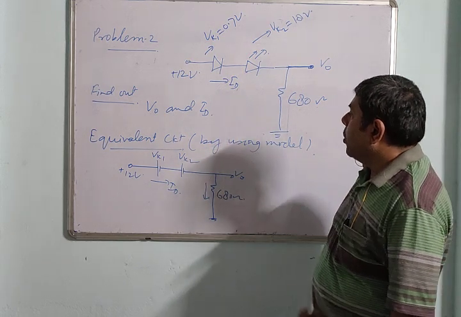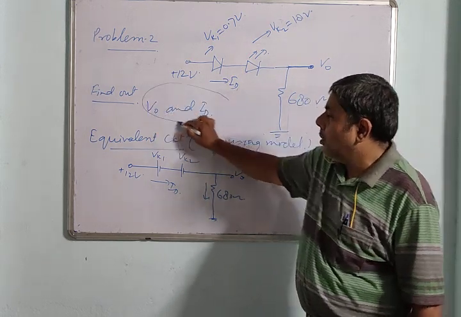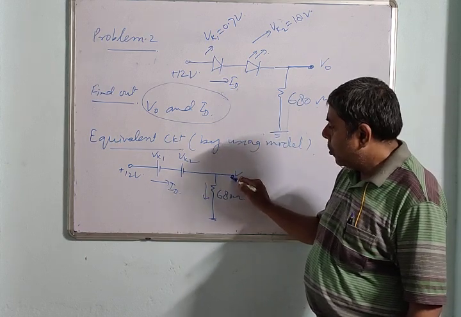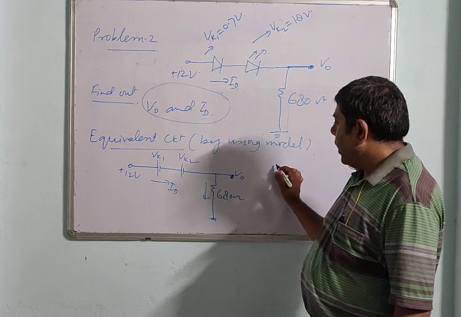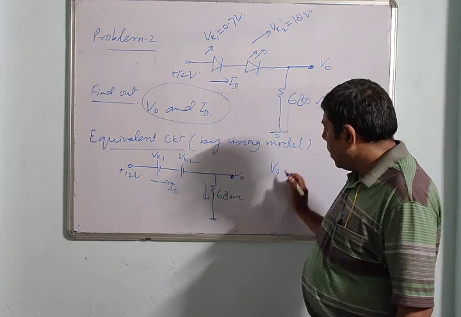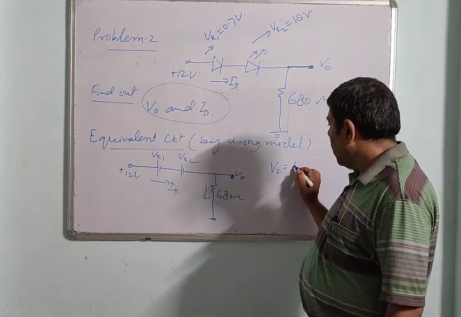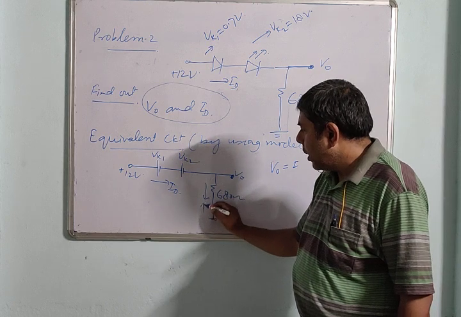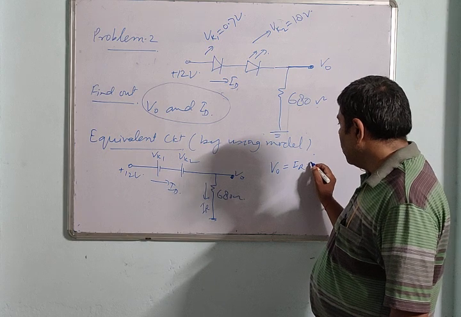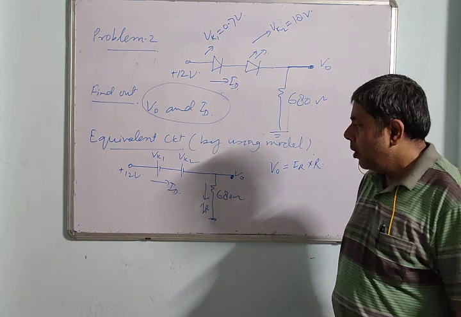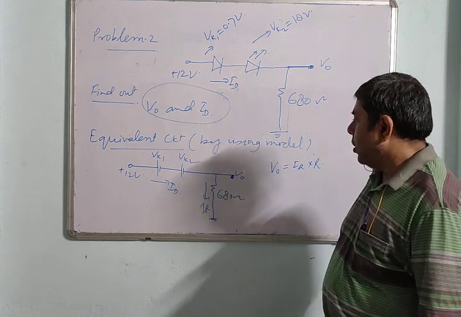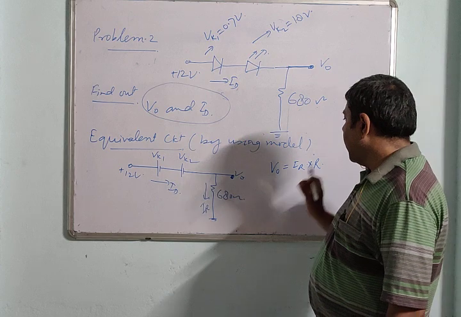So what is the method to calculate these two things? V0, that is the drop at this node. You can write V0 is simply the potential at this point. Suppose here you are using current IR. In this resistance, you can write IR into resistance. So this is the voltage drop. You can find out the current, then you can write V0.